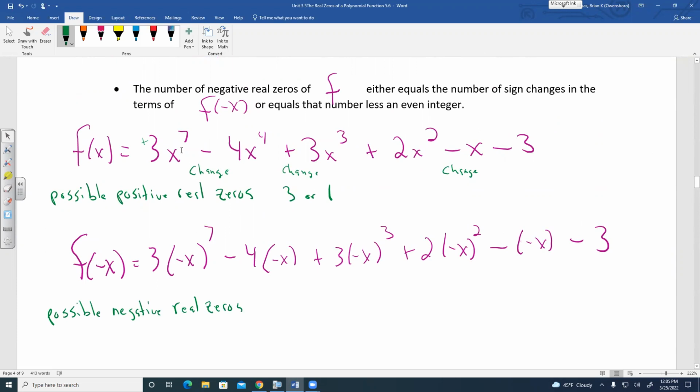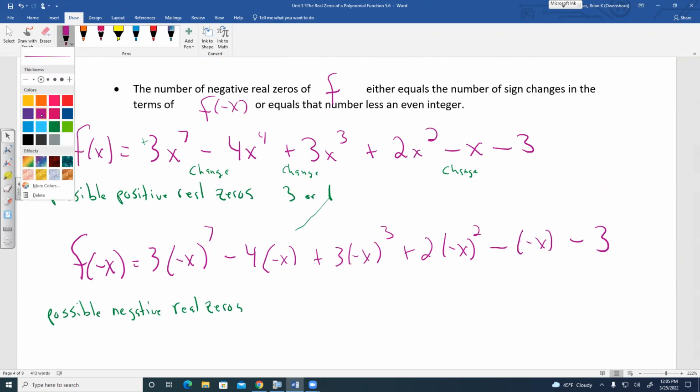So x to the 7th now turns into a negative x to the 7th. X to the 4th turns into a negative x to the 4th power. I should have a 4 there. The x to the 3rd turns into a negative x to the 3rd. The x squared turns into negative x squared. The x turns into a negative x. And we have this negative 3.